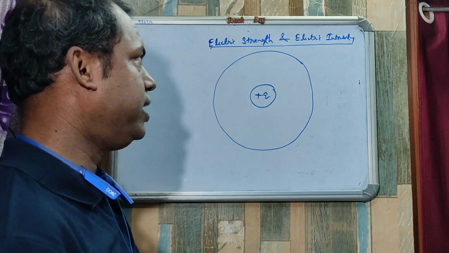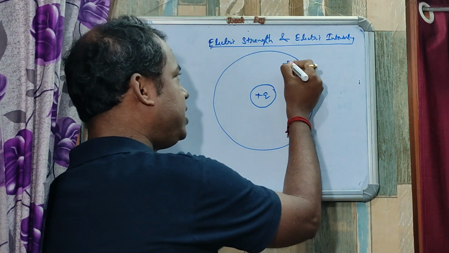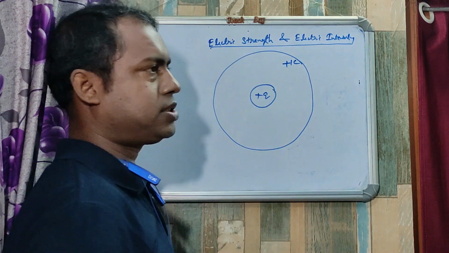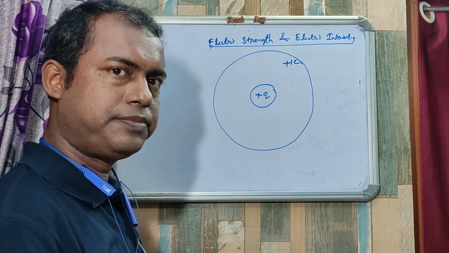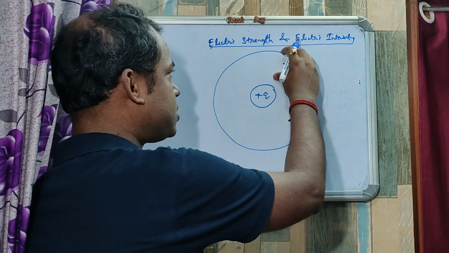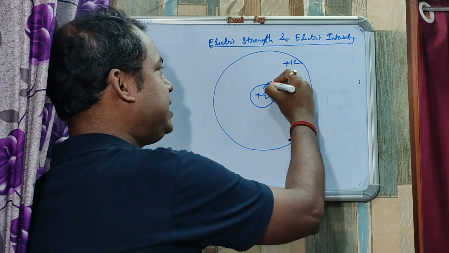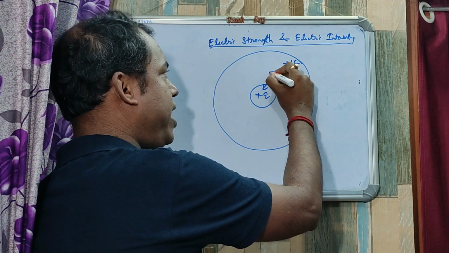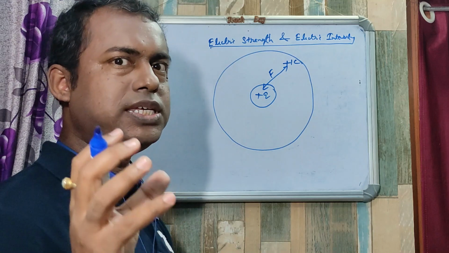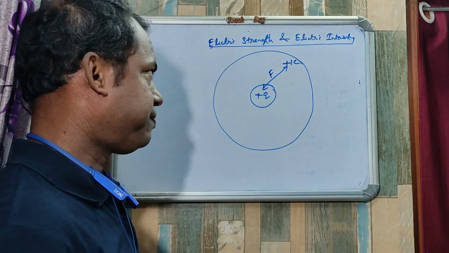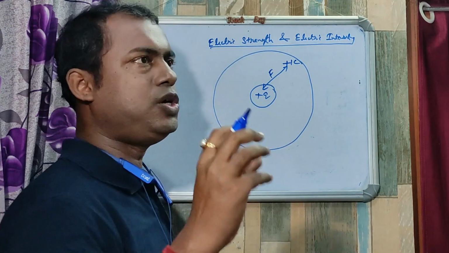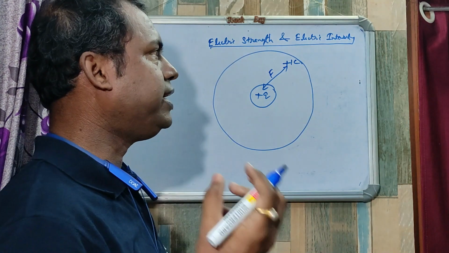Within this electric field, if I place a unit charge, a 1 coulomb charge, a repulsive force is given, and this force we consider as F. When the force F is given on the charge Q, what is the electric intensity in this case?